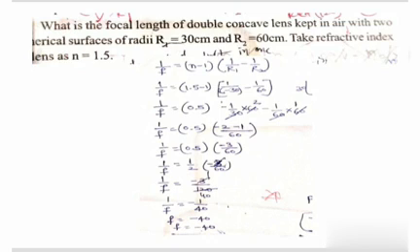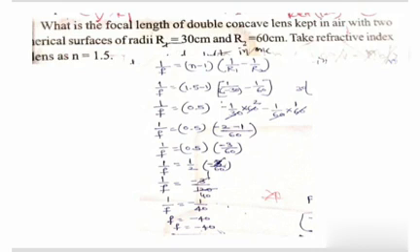Remember these terms. We have one problem. What is the focal length of a double concave lens kept in air with two spherical surfaces of radii R1 equal to 30 cm and R2 equal to 60 cm, taking the refractive index as n equal to 1.5?